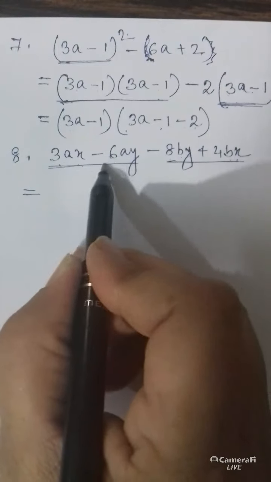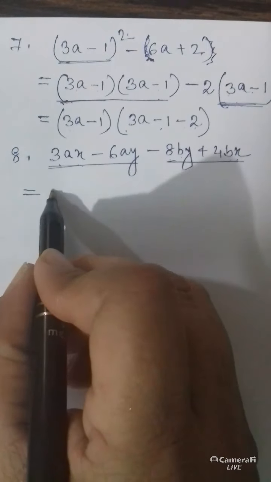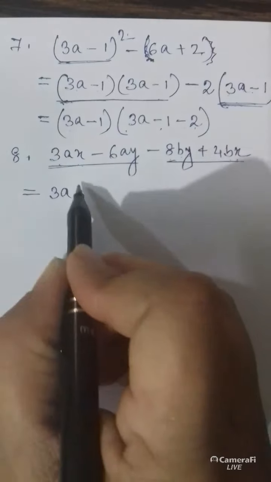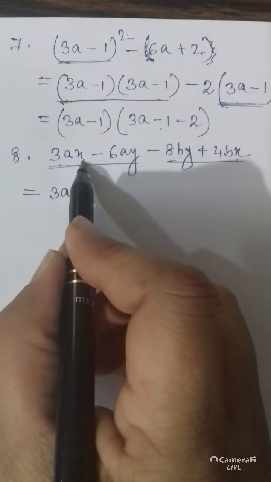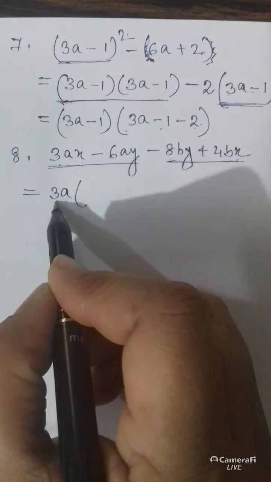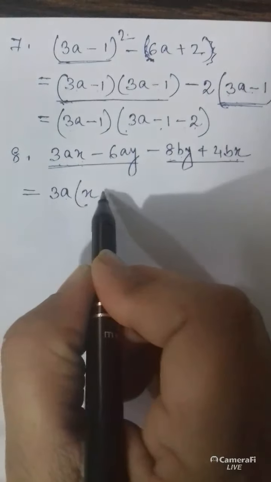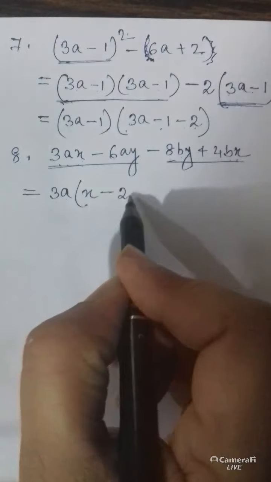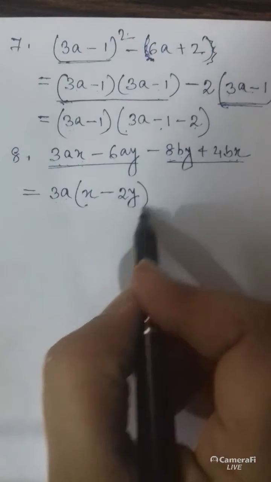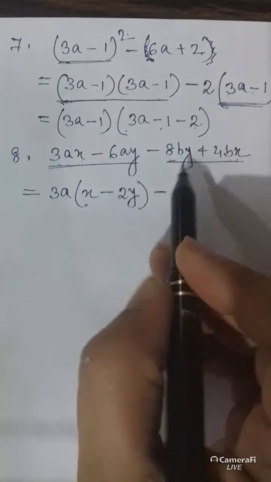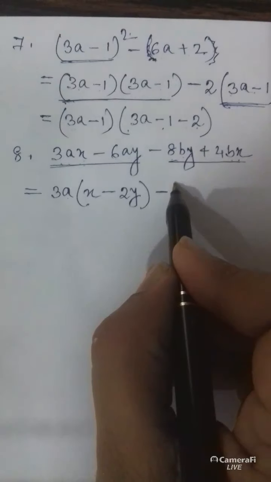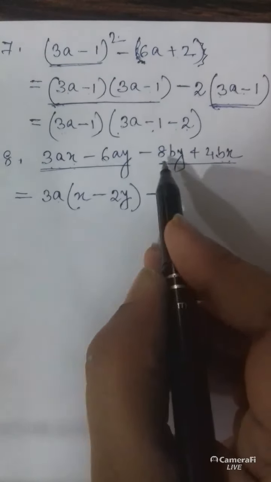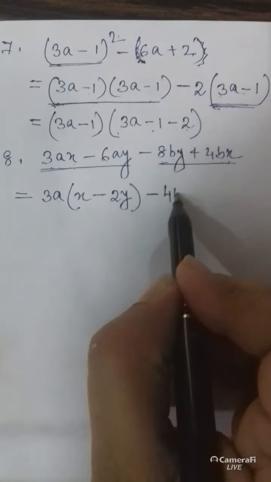Now 3ax minus 6ay, common is 3a. From 3ax we take common 3a, then x is left; 3 times 2 is 6, so 2y is left. Minus 8 and 4, 4 is common; by and bx, b is common.